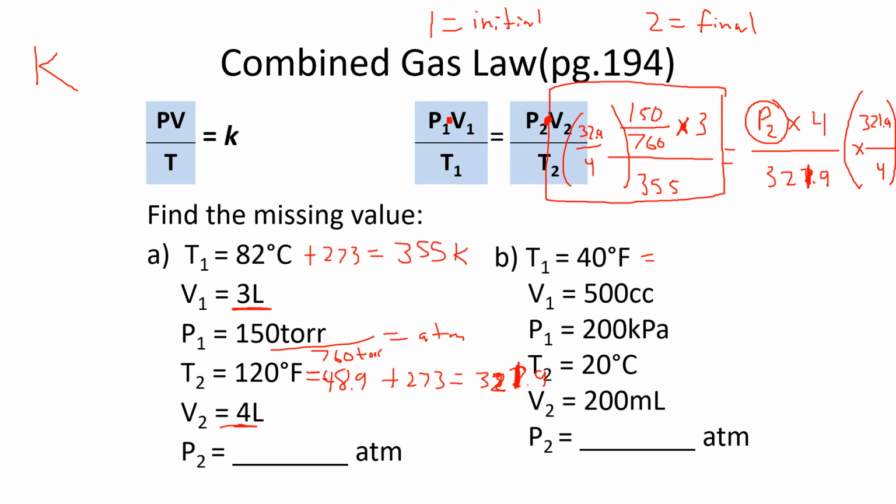What did you get for Kelvin? 4.44 plus 273.